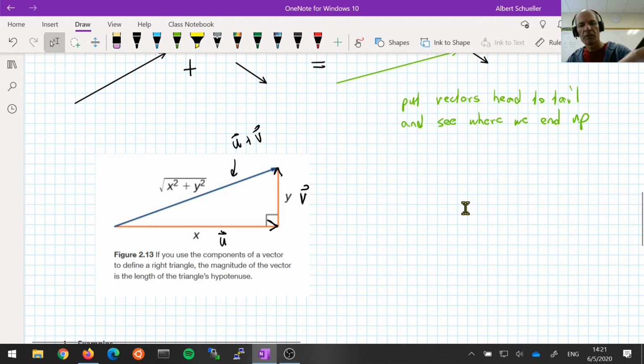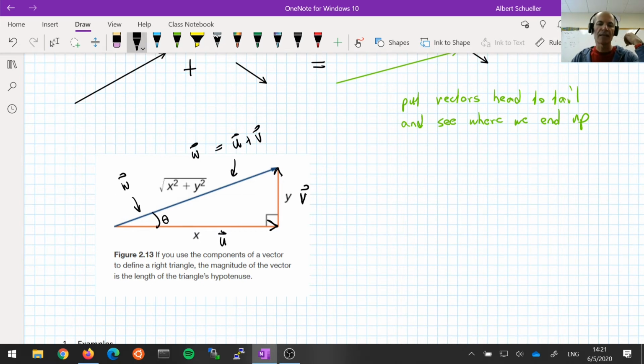Well, what if you're given the vector, let's call it w? What if you're given the vector w? Can you figure out what u and v are? Well, you can if you can figure out its length and this angle theta. So if you know its length, and we actually have notation for the length of w, it's this double bar notation. That's the length of w, also known as the magnitude.